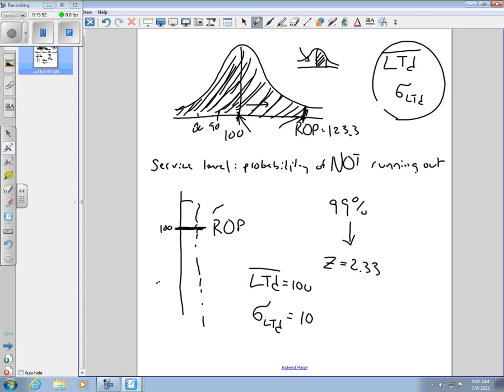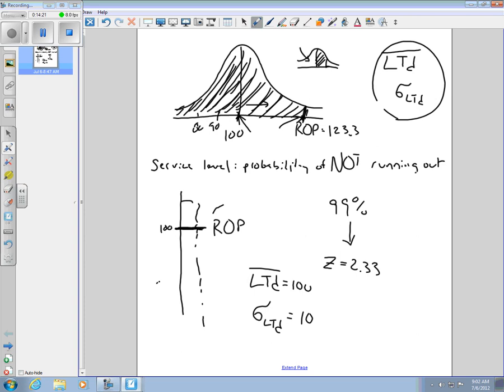And what that means is 99% of the time, I would have accounted for what could happen. 99% of the time I would not run out of product. Okay? That's the meaning of that. So if we chose a different service level, like 95%, I would find the z-score associated with that, and I would find from that the appropriate reorder point. Okay?